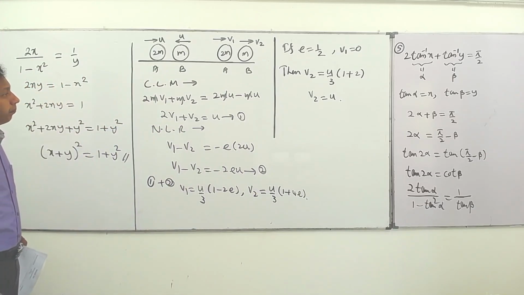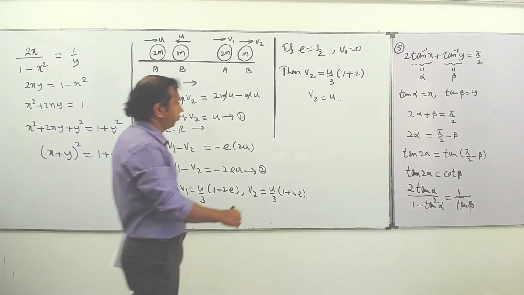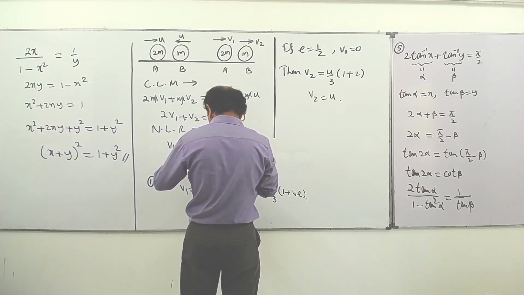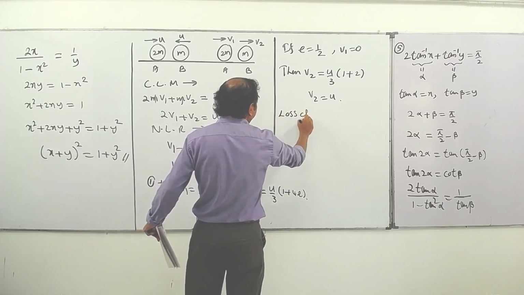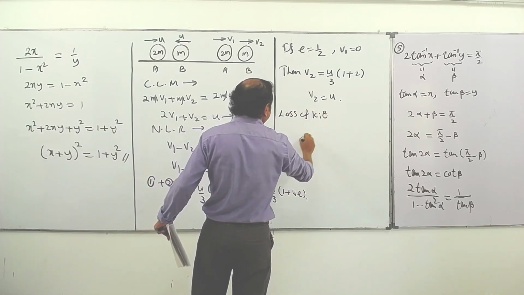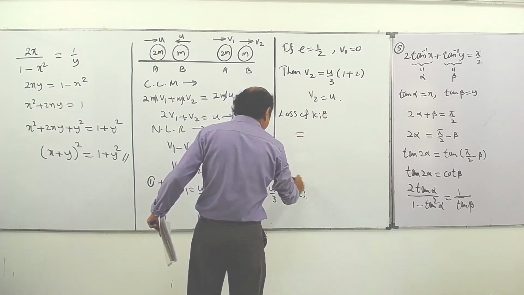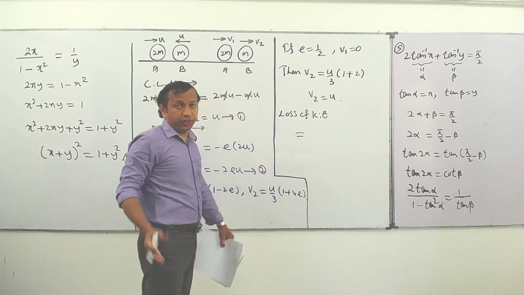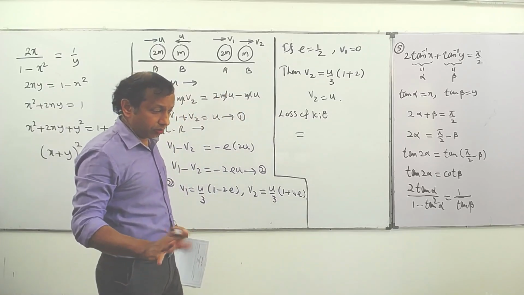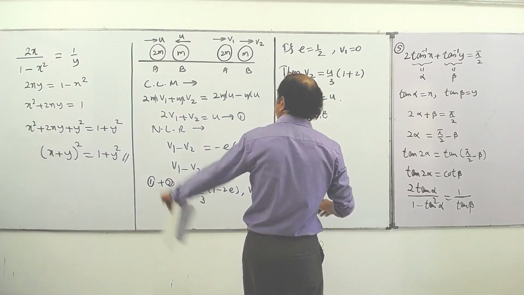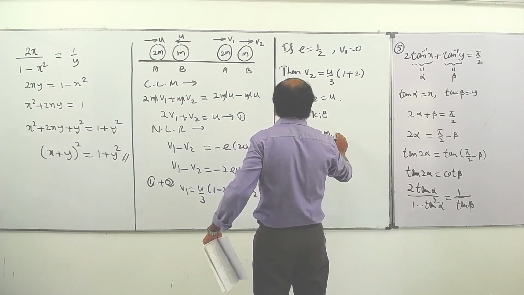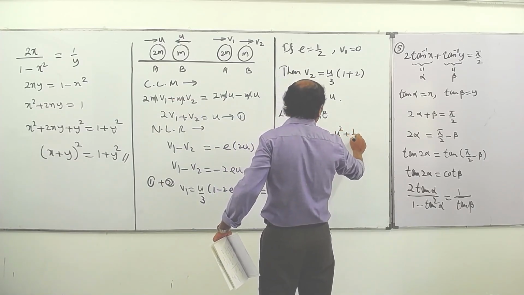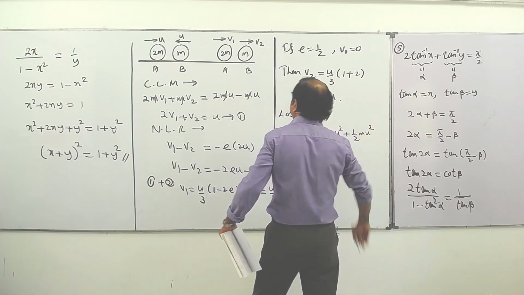Then, the loss of energy. It is asking for the loss of kinetic energy. How do we find that loss? Loss is found as initial minus final. Initial kinetic energy is half into 2m u squared plus half m u squared.